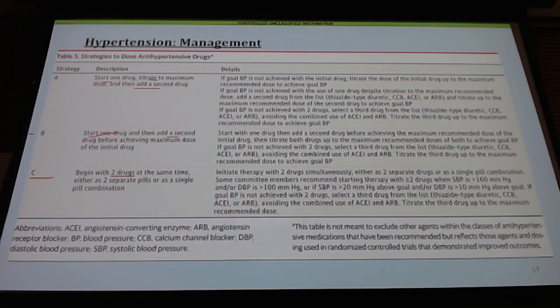So I will do a mixture of the first two options. I may say, well, we're borderline, maybe we only need one agent, just maximally dosed. Let's do that one first. And then, okay, we max dosed that ACE inhibitor, now let's add that calcium channel blocker. Or if I know that they're going to need two agents, then I may just say, okay, let's start on an ACE, like lisinopril 20 milligrams.